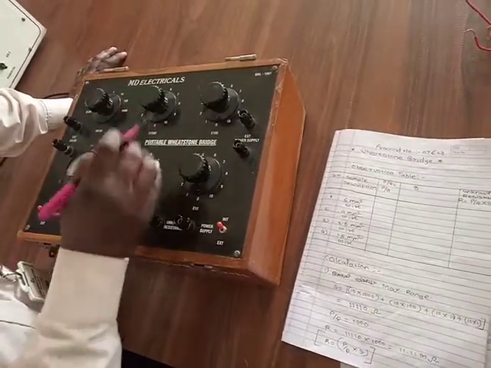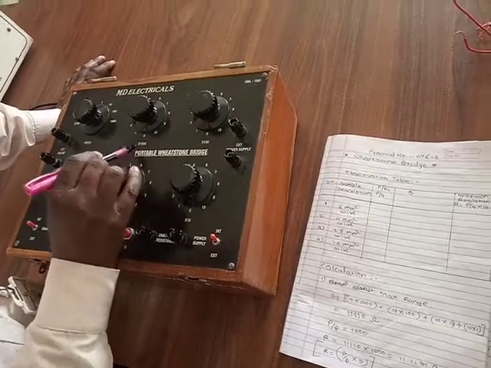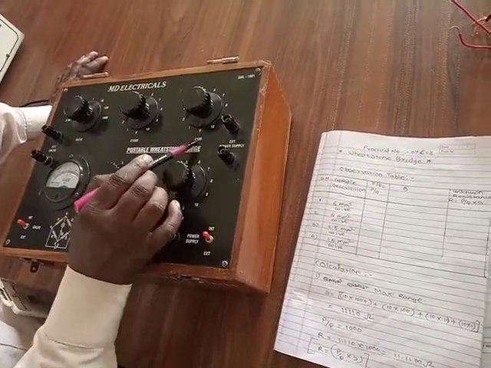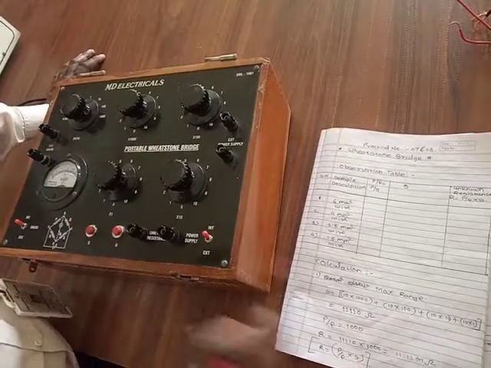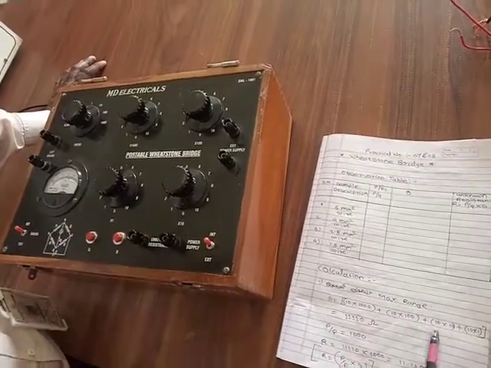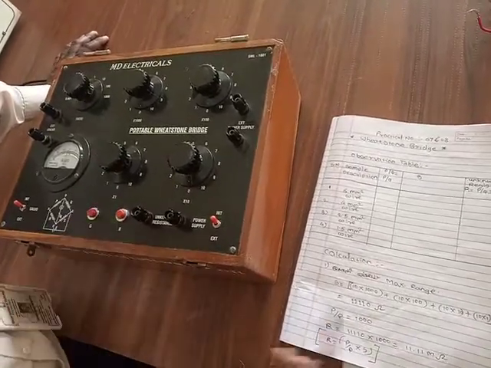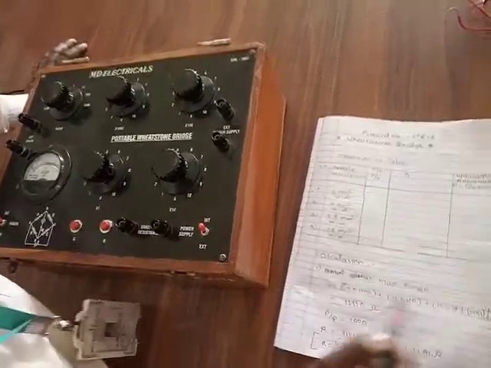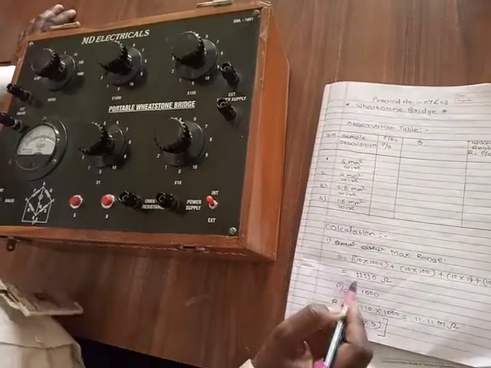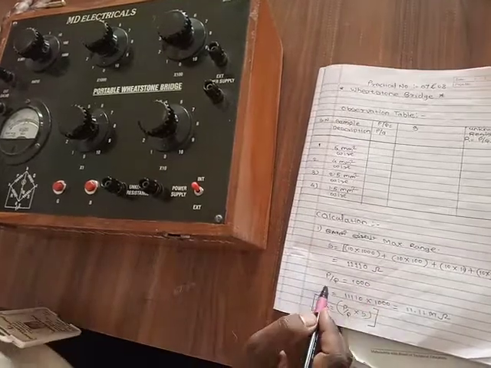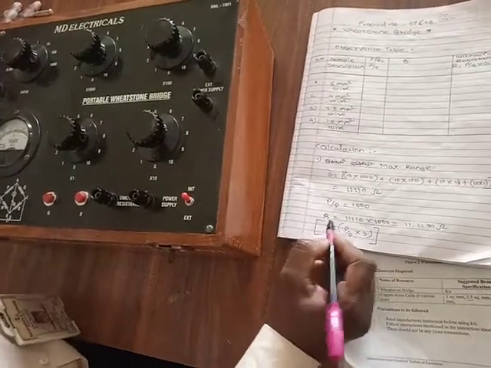The maximum quantity is 10 into 1000, plus 10 into 100, plus 10 into 10, and the last is 10 into 1. We multiply and add these values. The value of S is equal to 11,110.